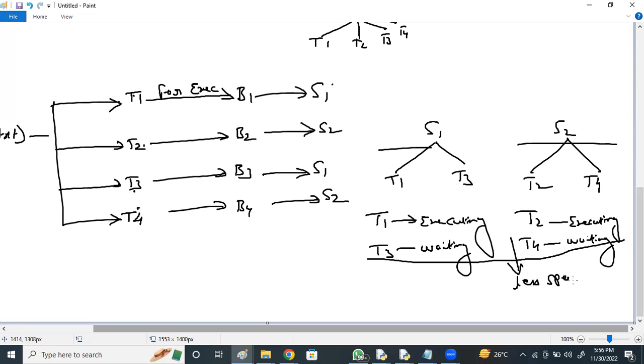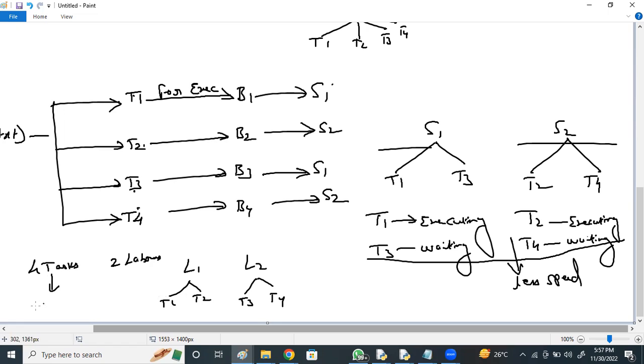For example, if I give a labor example, there are four tasks and only two labors are available to do that work. Labor 1, you assign two tasks, T1 and T2. For labor 2, you assign T3 and T4.